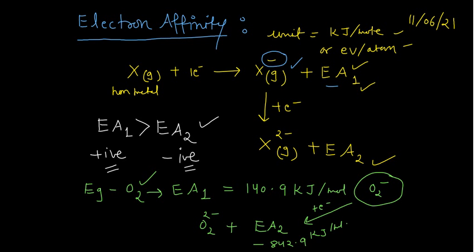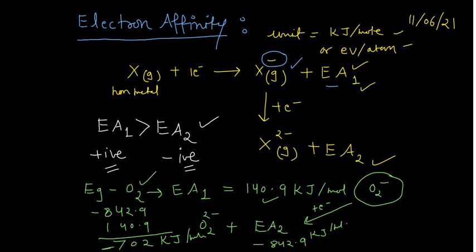If you take the difference between the two, minus 842.9 and you subtract 140.9, you are left with 702 kilojoule per mole with a negative sign. I hope this is there in the slide.